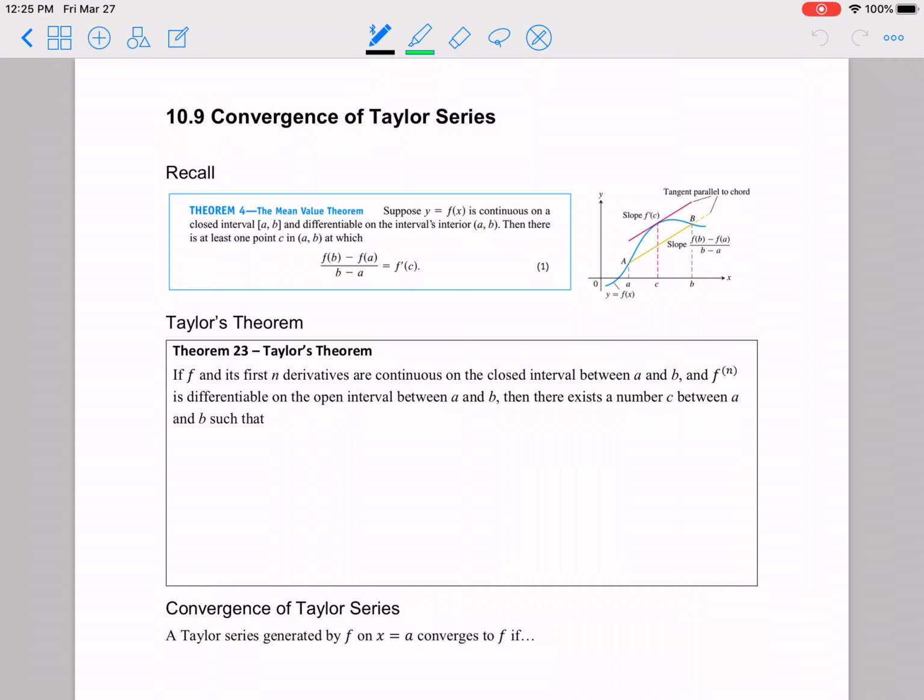And that extra little part, we're going to end up calling the remainder. It's like the leftover part. It's how far off, if we do 5 terms, those 5 terms are from the actual exact value of the function we were looking at.